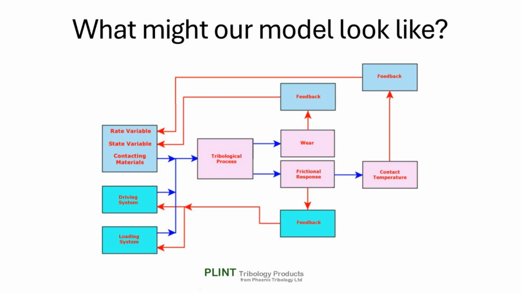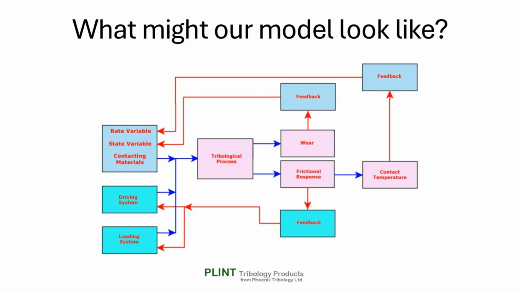Of course, it may just be that the concept of state variable is just a more complicated way of saying that the surfaces in our experiment wear, and as a result, so the frictional response changes. In practice, we don't really know how and why friction varies. Topography, damage, surface chemistry, development of interfacial layers, whatever.